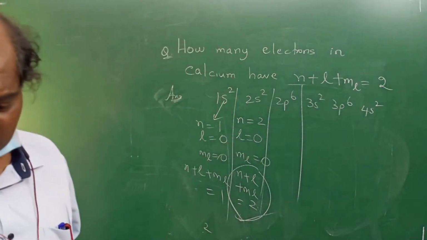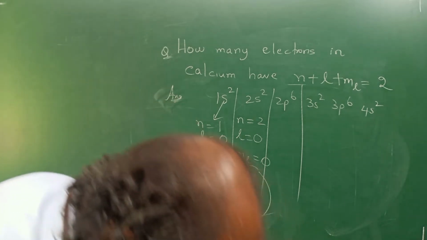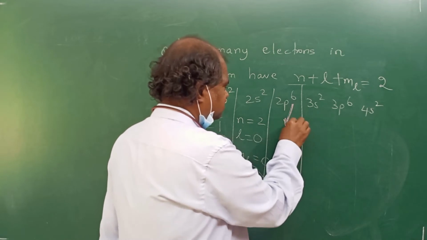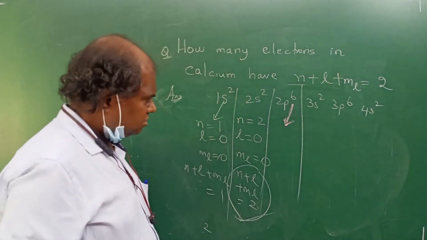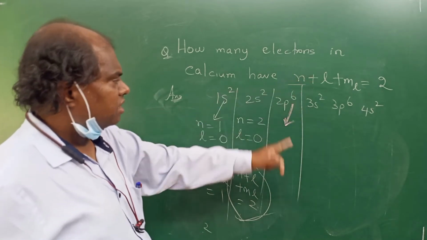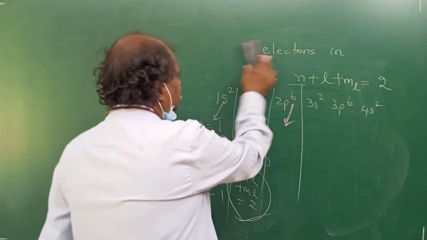I'll use another color now. For 2p6. So please, you have to count these 2 electrons. That will be 2. Now for 2p6, students, how will you do it? Just see now. I'll write on the top.